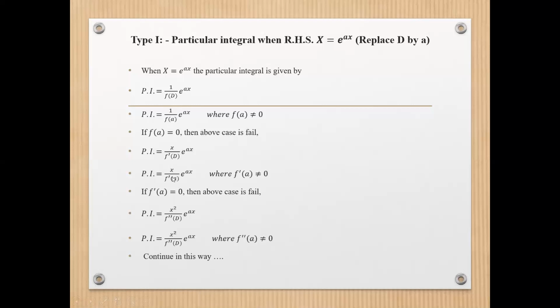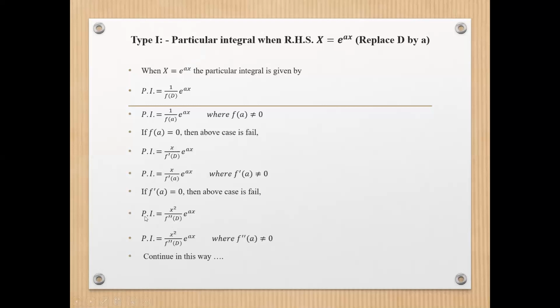We get PI is equal to x upon f dash of a into e raised to ax. In this case also, the denominator must be non-zero. If the denominator becomes 0, we have to go further. If this denominator is not equal to 0, then that will be the required particular integral for the given linear differential equation. If this denominator is 0, this case fails.